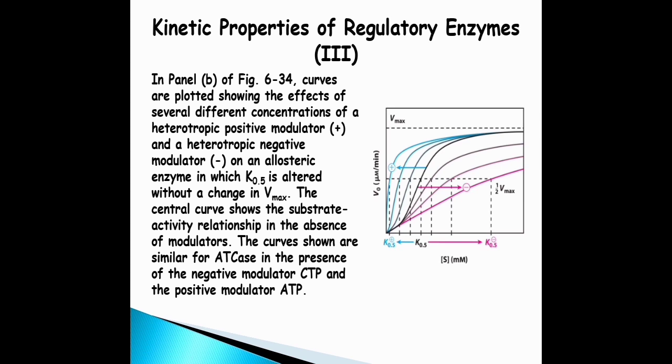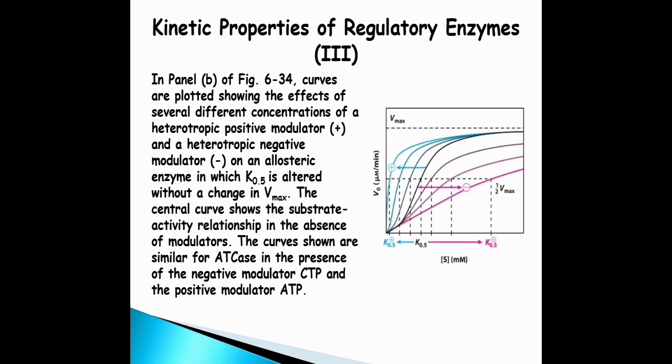Kinetic properties of regulatory enzymes 3. In panel B of Figure 6.34, curves are plotted showing the effects of several different concentrations of a heterotropic positive modulator (positive) and a heterotropic negative modulator (negative) on an allosteric enzyme, in which case K0.5 is altered without a change in Vmax.